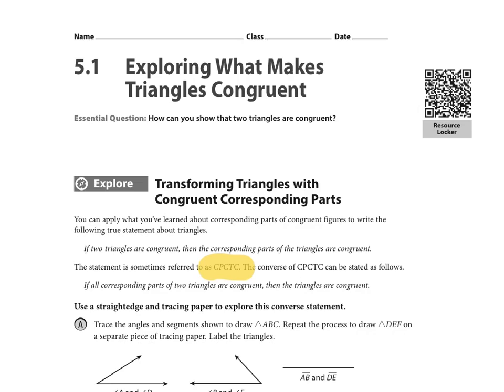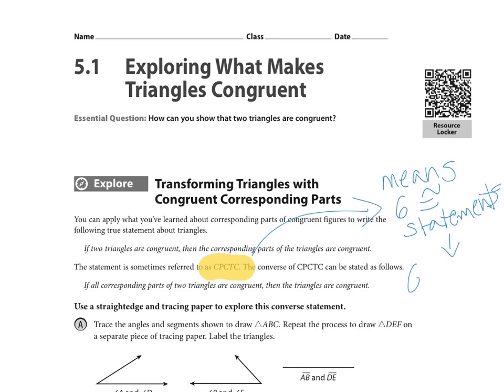What you need to know about CPCTC is that embedded in the congruence are 6 smaller congruent statements, which means there are actually 6 congruences to look for and check in order to prove that any two triangles are congruent.